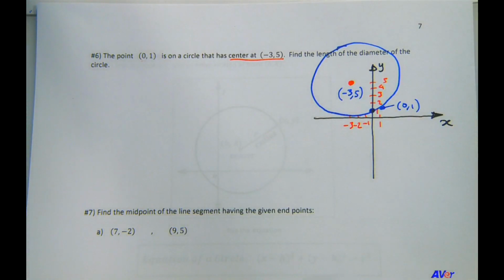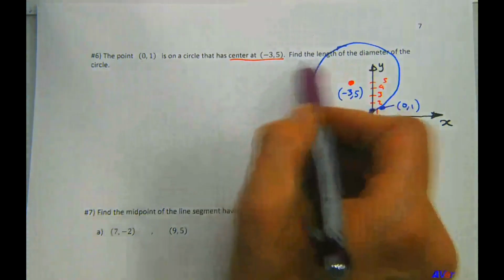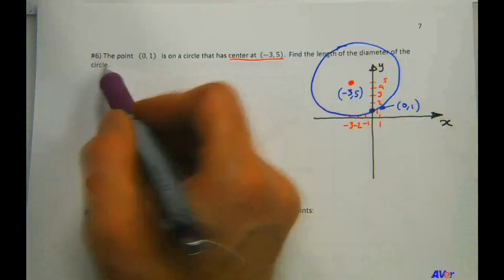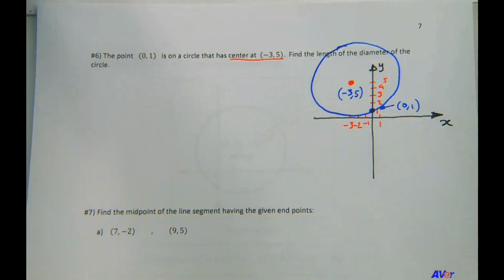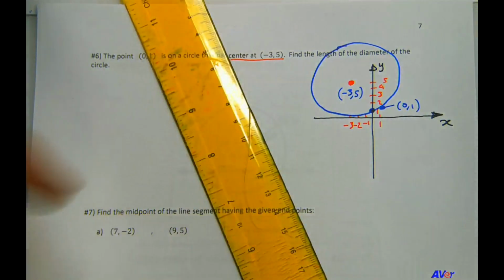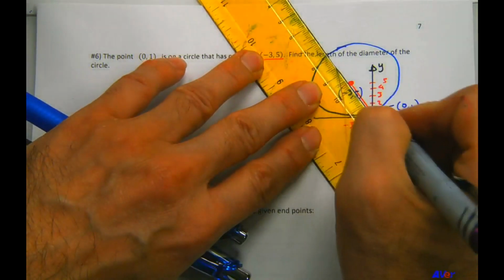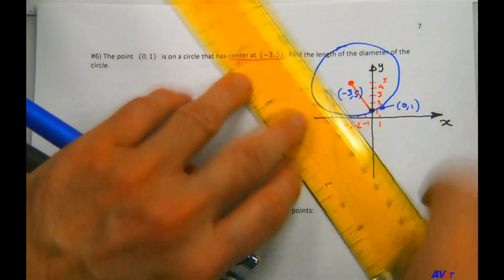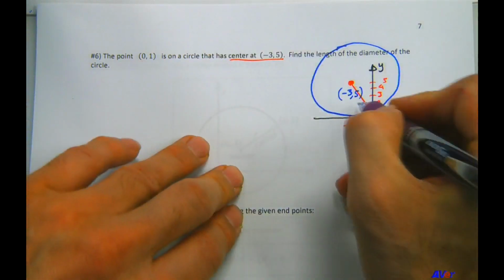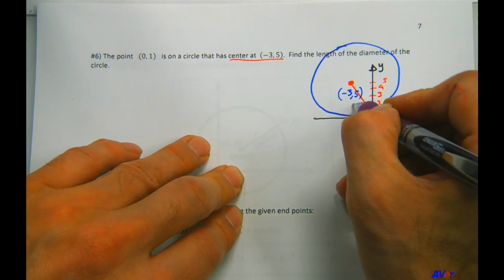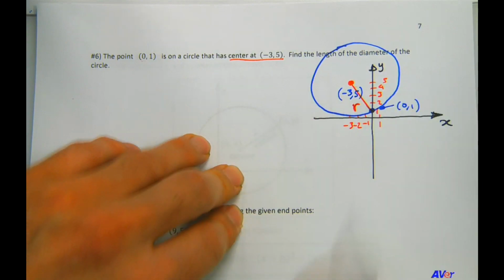Okay, so it says find the length of the diameter of the circle. Well, we have a formula that can help us find the distance between those 2 points, right? Let's call that R for radius.